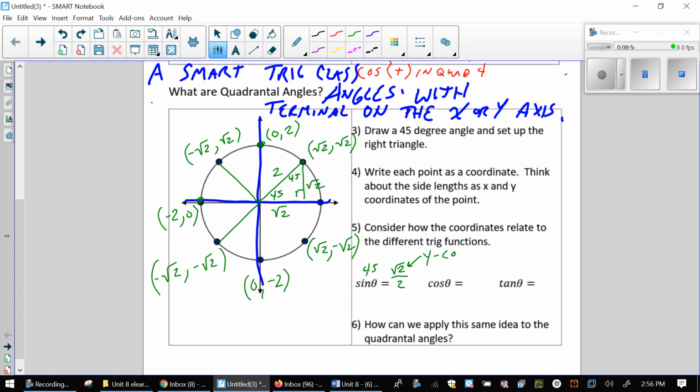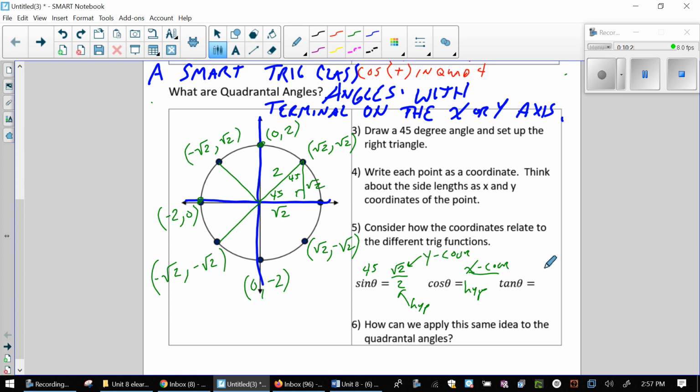And hypotenuse we know that cosine and sine are always over the hypotenuse. So cosine of 45 is going to be adjacent over hypotenuse. So adjacent is going to be your x-coordinates over your hypotenuse. And tangent is going to be opposite, which is root 2, over adjacent.